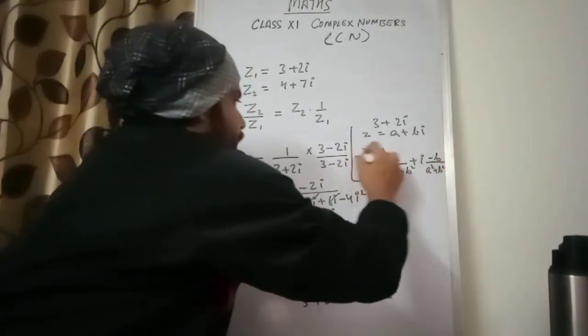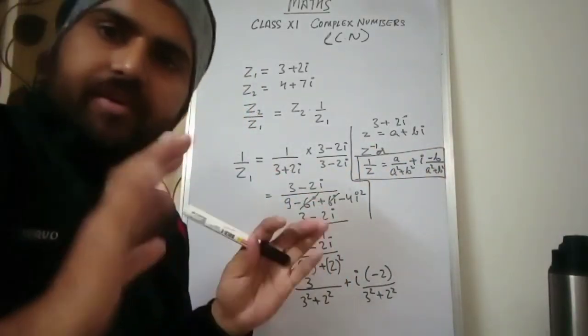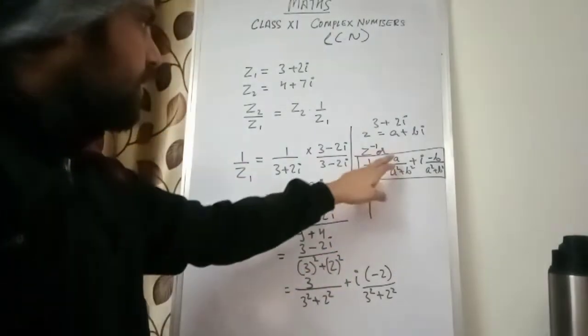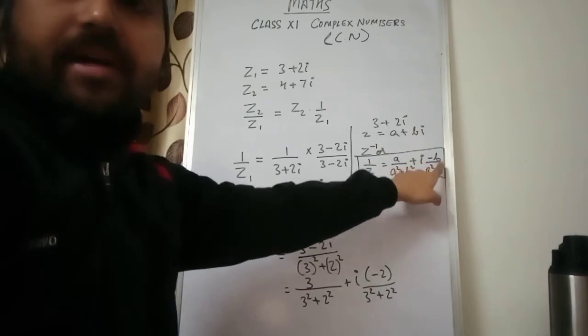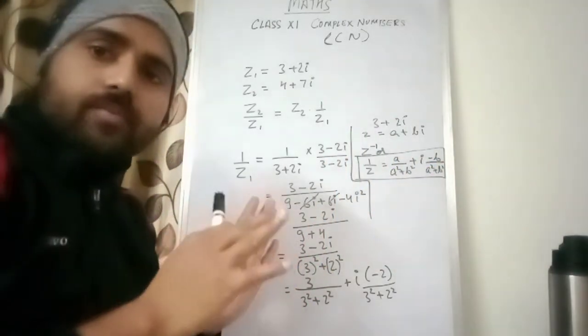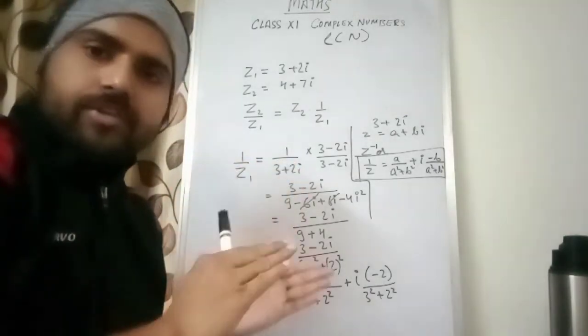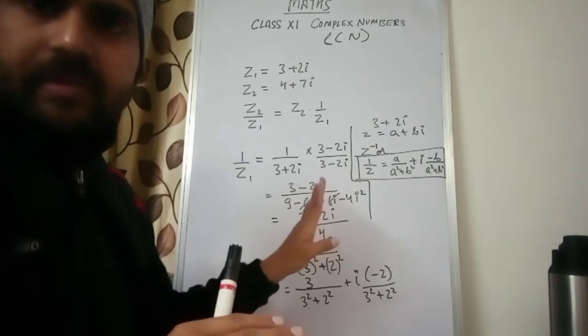So now you know that the direct formula for finding out the inverse of any complex number is this: a by a square plus b square plus i minus b by a square plus b square. So this is the general formula to find out the inverse of any complex number. Fine. So the inverse of this complex number must be clear to you.